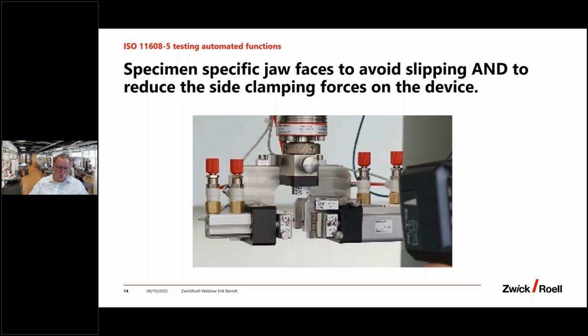This was the reason we decided we need special surfaces, adapted to the geometry. This means we want a high friction force with low compression force, and we can do this with these different change parts inside. With this, we can produce consistent results, which are required by this challenging test.